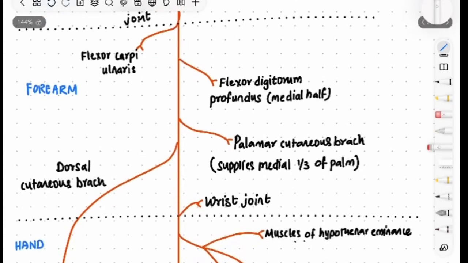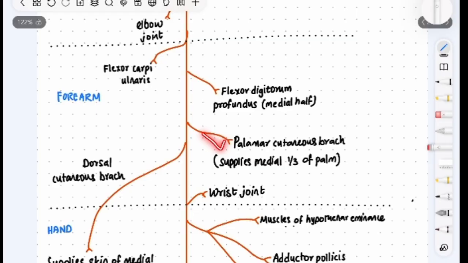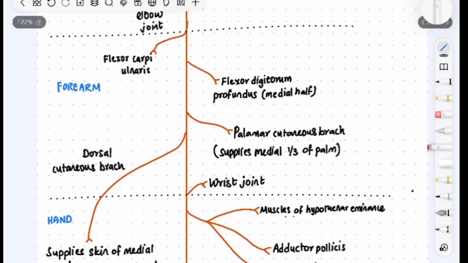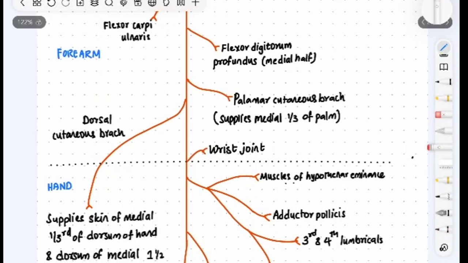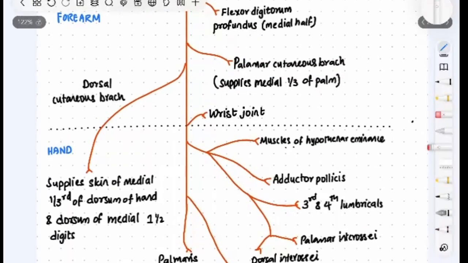It also gives a palmar cutaneous branch, and this palmar cutaneous branch supplies only the medial one-third of the palm. And it gives one more branch called the dorsal cutaneous branch. This dorsal cutaneous branch supplies the skin of the medial one-third of the dorsum of the hand, and it also supplies the medial one and a half digits.